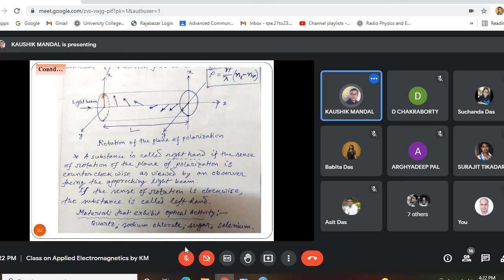As the wave or this light beam enters into this particular media and it is propagating along the media, the electric field vectors are rotating. I think from this diagram itself it is clear. These are rotating as it is moving through the medium.